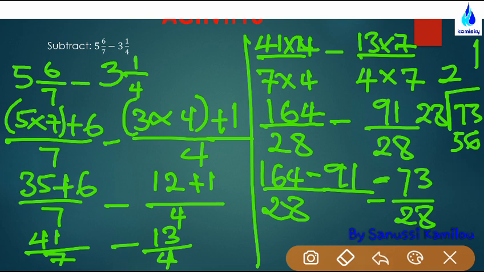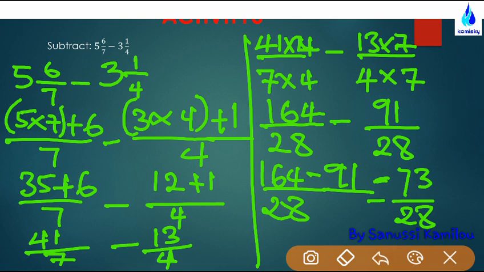I hope you are getting it. Okay. So as final answer, we'll get 2 whole number 17 over 28. Very good. So when we finish, don't forget to conclude.